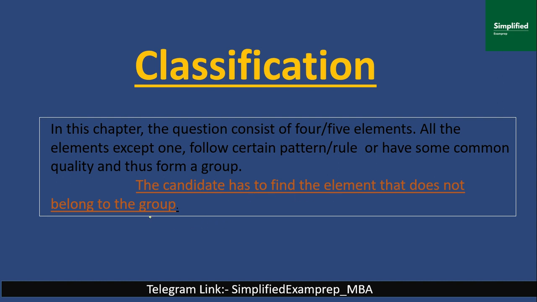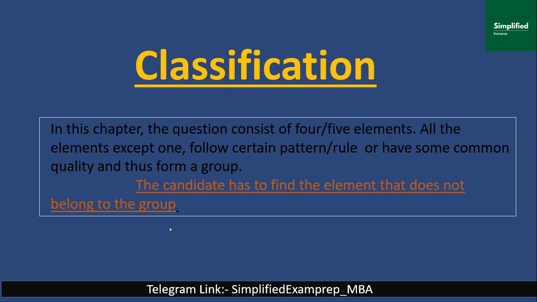So in classification, in the exam hall, in the question we have 4 or 5 elements. It can be numbers, words, or letters, and you have to find that one odd man. You have to find that odd element which doesn't follow that certain pattern or rule.